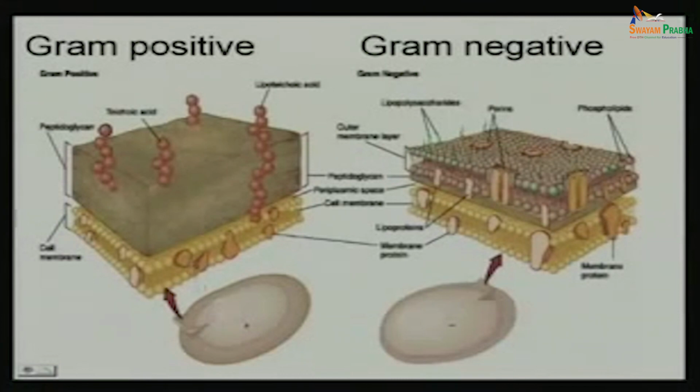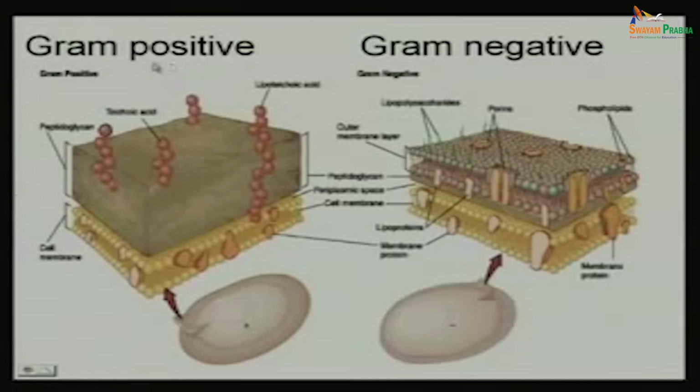If we magnify and draw the cell wall composition of two different groups of bacteria, we can find certain changes in one group and some differences, and they can be distinctly differentiated from one group to the other.